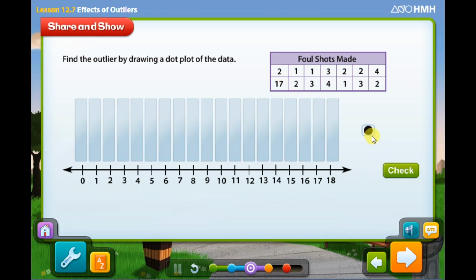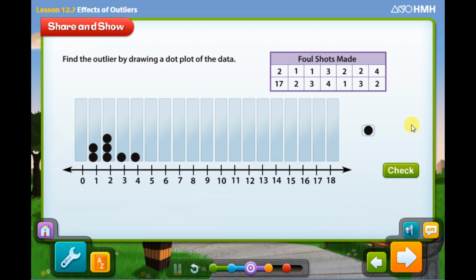First number here is 2, put a dot on 2, then 1, 1. We are finishing the first row, then 3, then 2, 2, then 4.